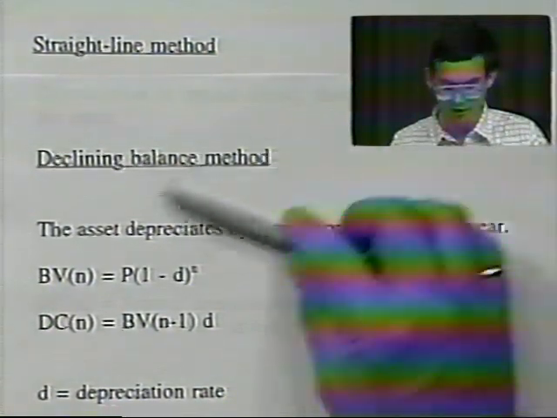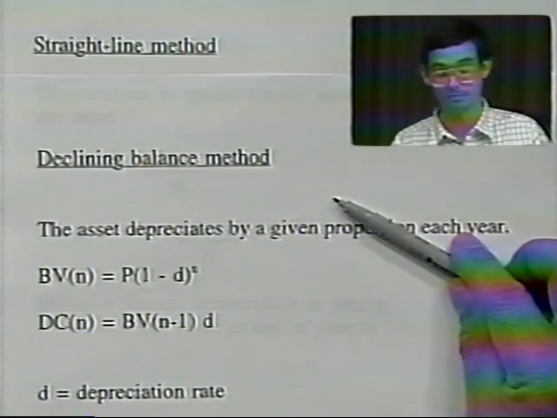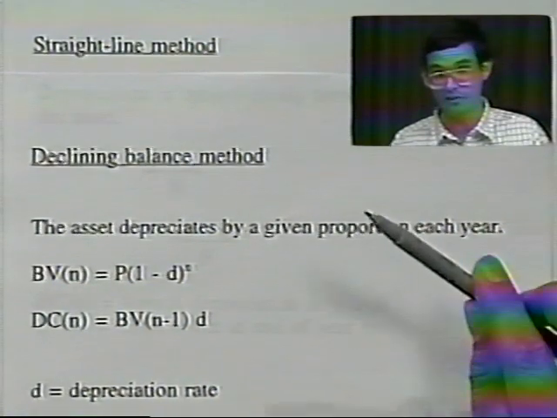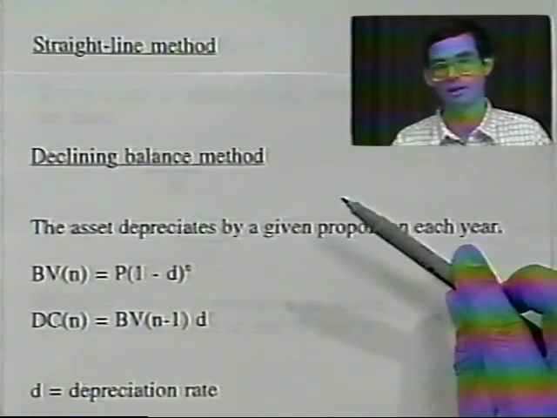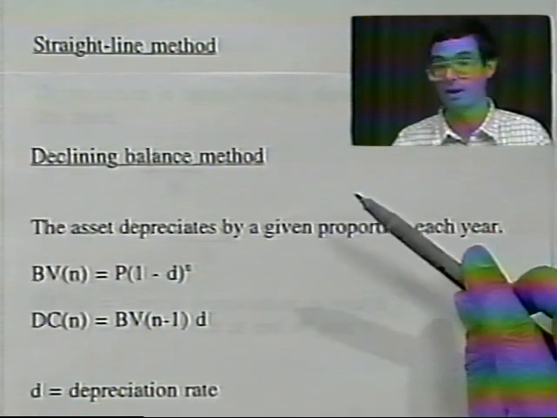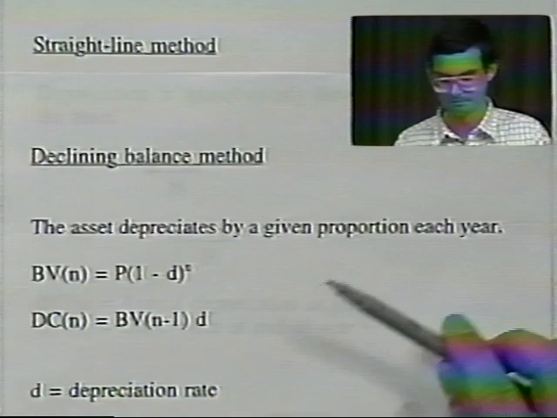However, particularly for taxation reasons, the declining balance method is preferred because it allows you to depreciate the asset more quickly, which then lets you count that depreciation charge as an expense, which reduces profit, and then, in the end, reduces the tax you pay earlier.